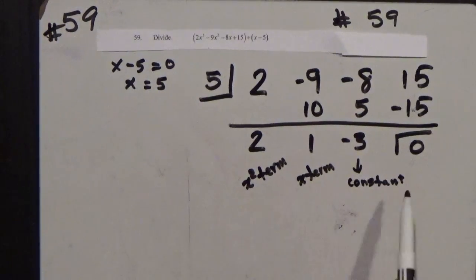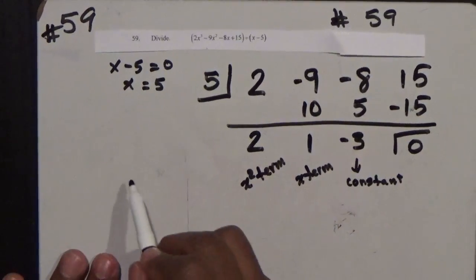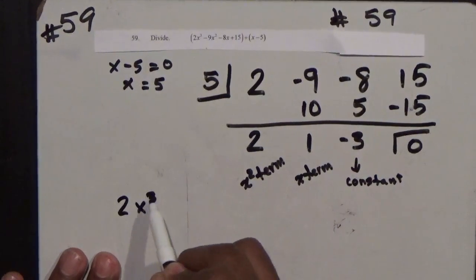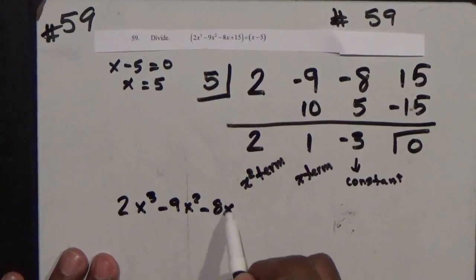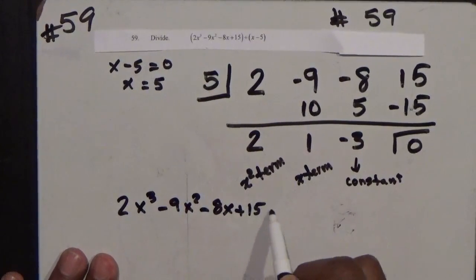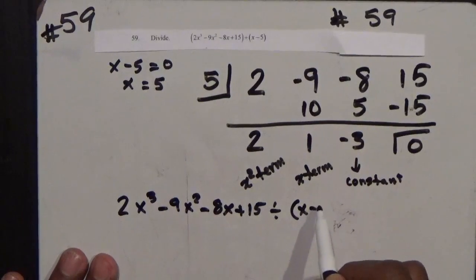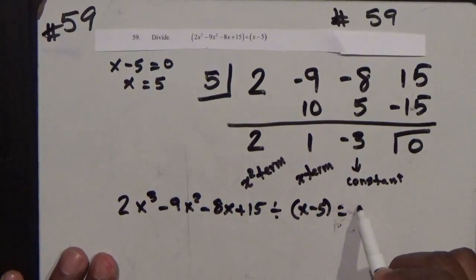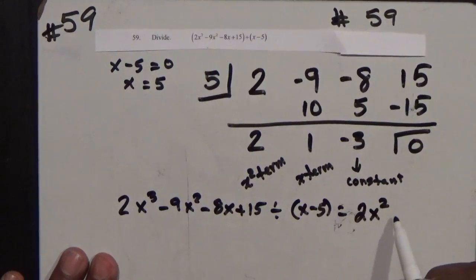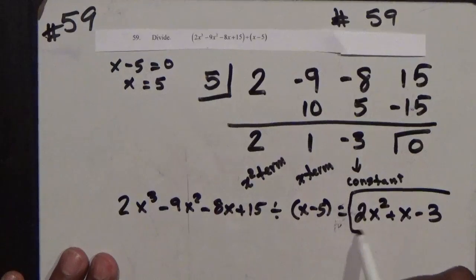But this is what we have. So 2x cubed minus 9x squared minus 8x plus 15 divided by x minus 5 is going to give us 2x squared plus x minus 3. That's the final answer.